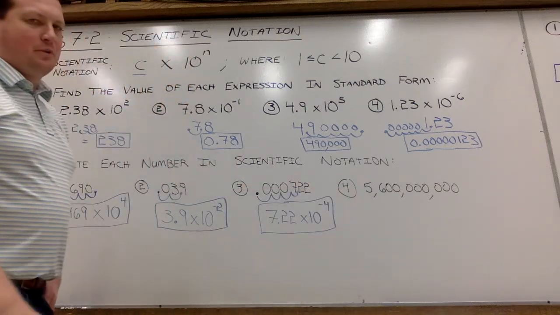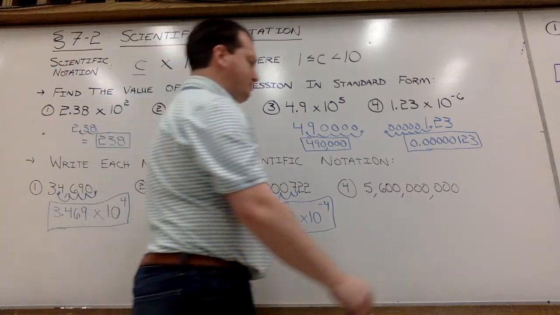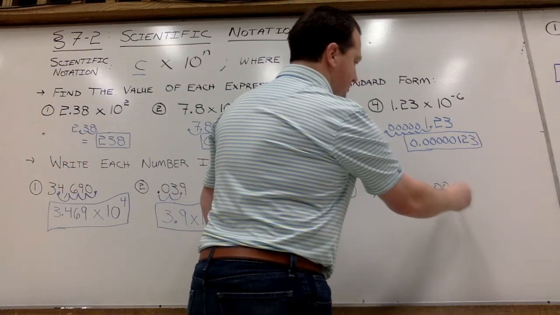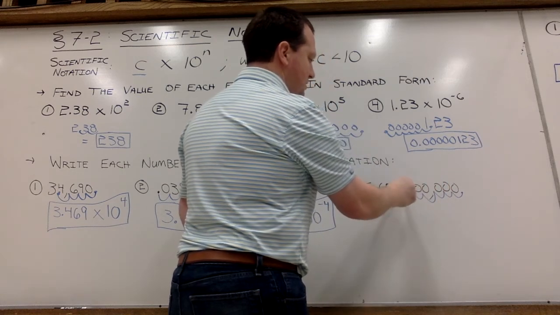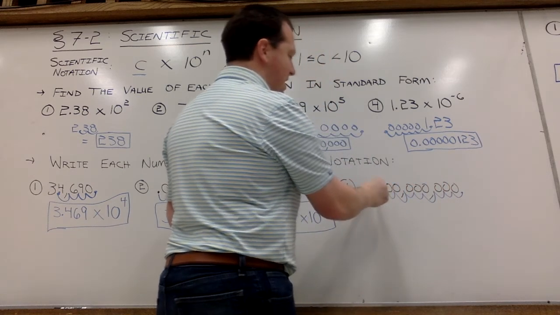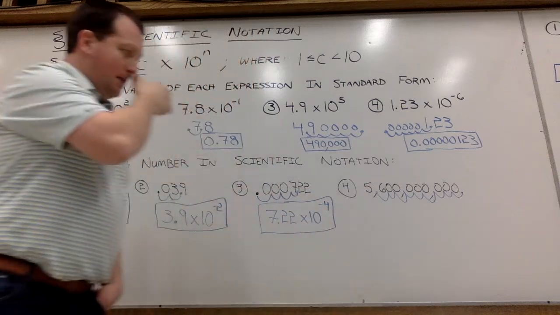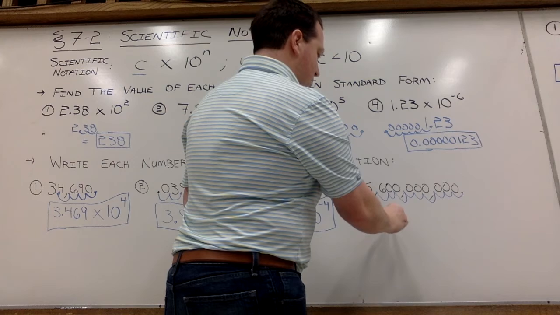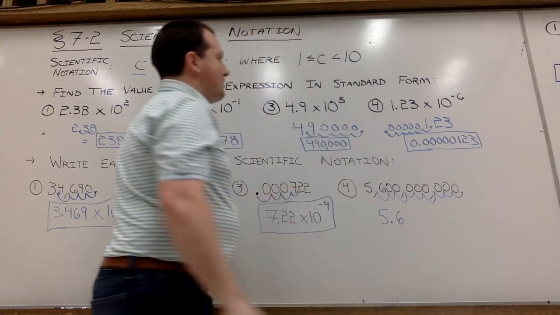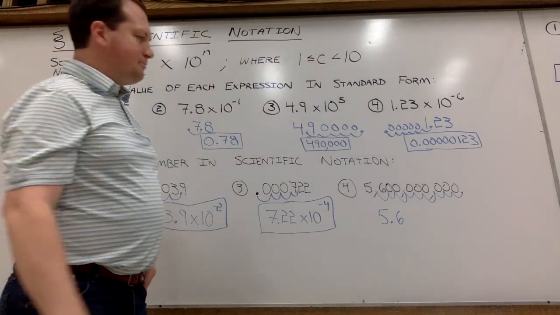We've got 5,600,000,000. 2, 3, 4, 5, 6, 7, 8, 9, and I'll stop right there so that I have the numerical value of 5.6. 5.6 is between 1 and 10.